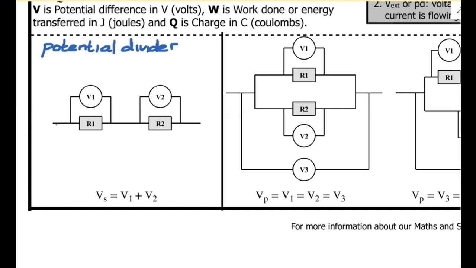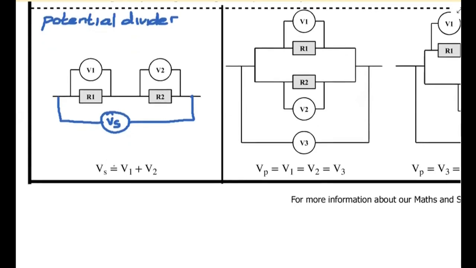So if I look here, and this, let's say, was my VS, which is S for series, that means that VS is going to be V1 plus V2. So it actually divides the potential difference between the two resistors. And again, I'm going to look at how it divides.